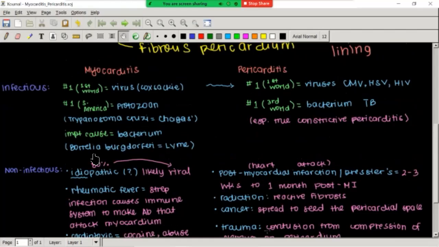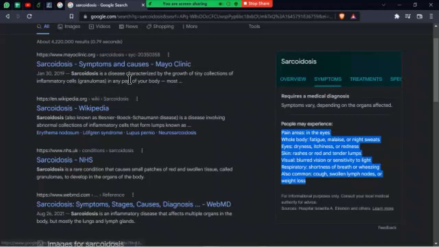And for pericarditis, it's the virus, the CMV.